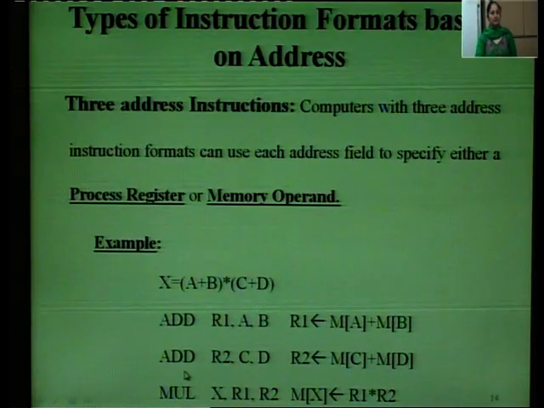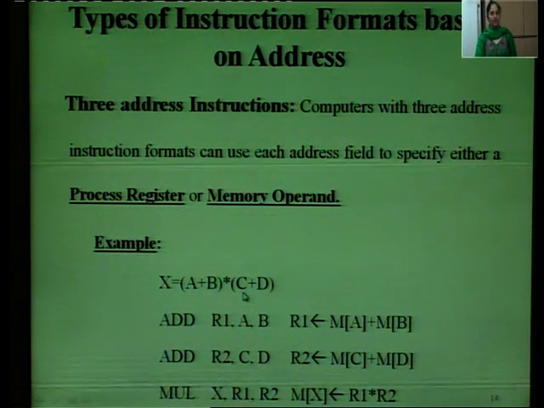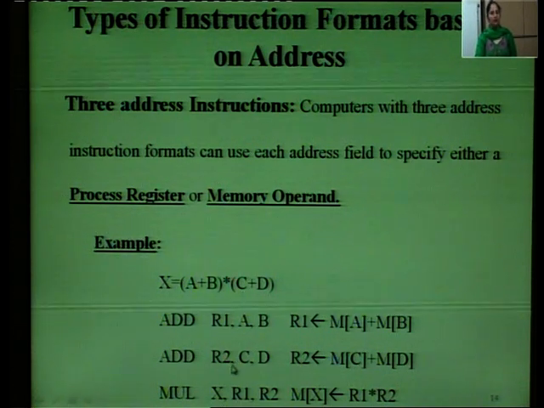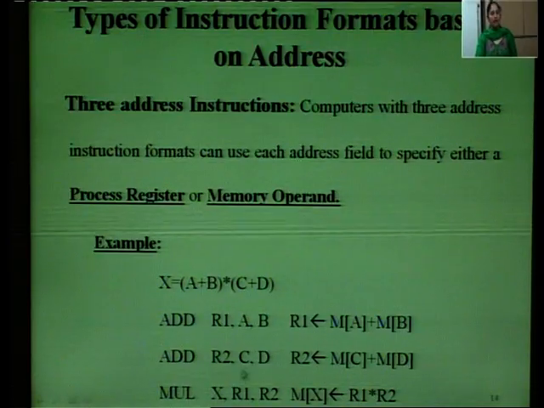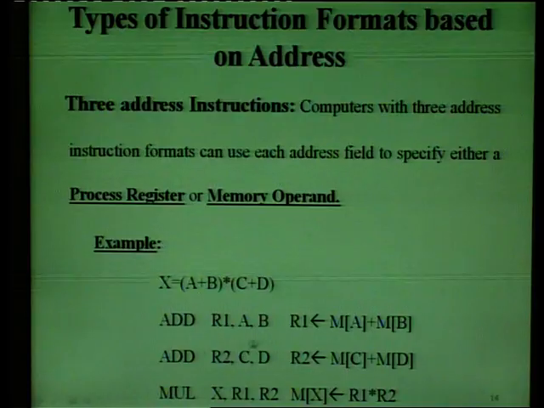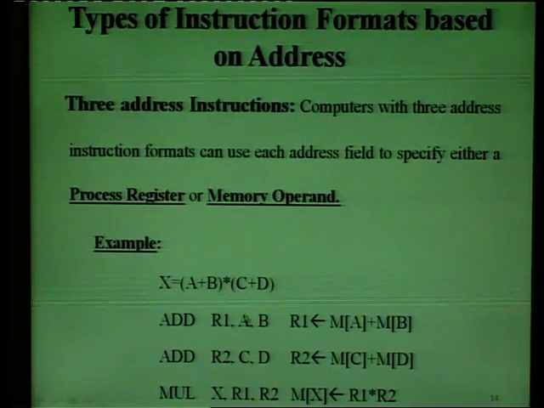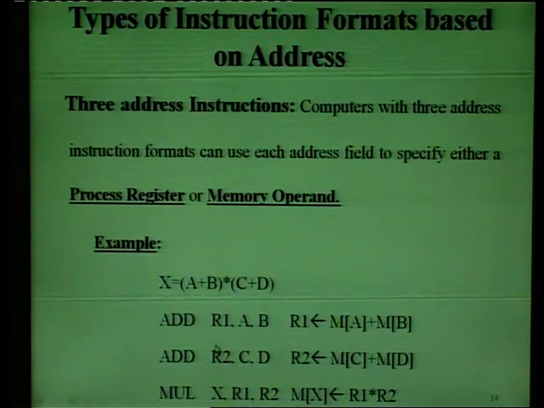And the same in the second, C comma D, the result of C and D after the addition is stored in the R2 register. Then again here the A plus B result is stored in R1, and C plus D the result is stored in R2.